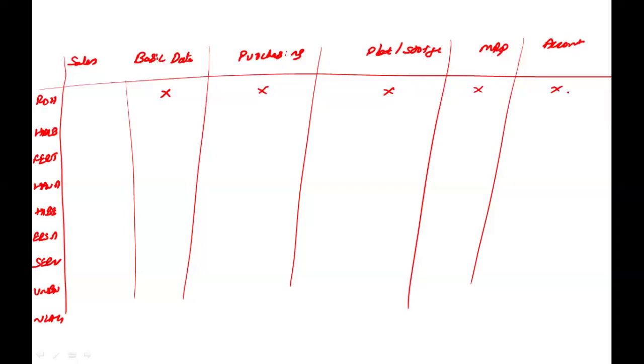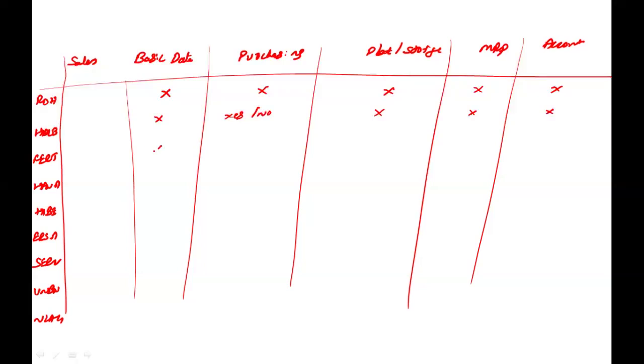Semi-finished material. I will have the basic data. Sometimes I might purchase or sometimes I don't purchase. So that depends, yes or no for this. That depends on the business decision. I'm going to store, I'm going to do the planning, and I'm going to do the accounting view. Finished material.